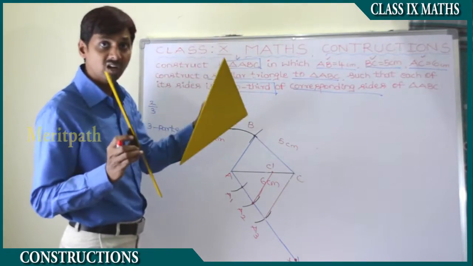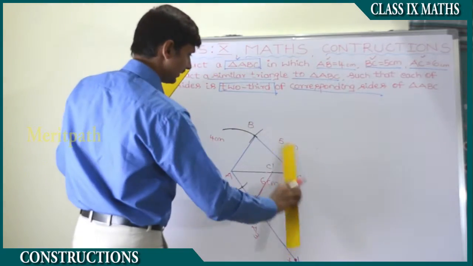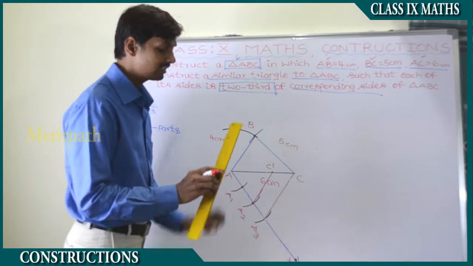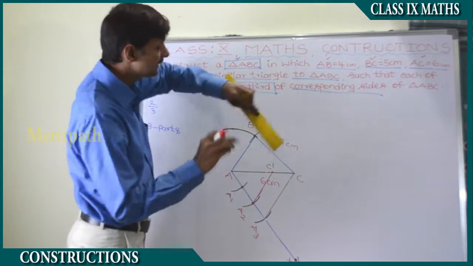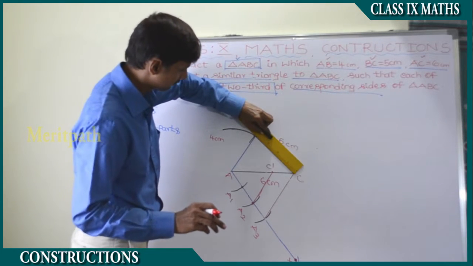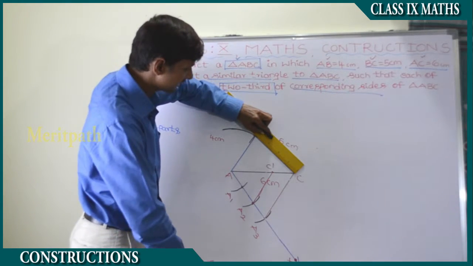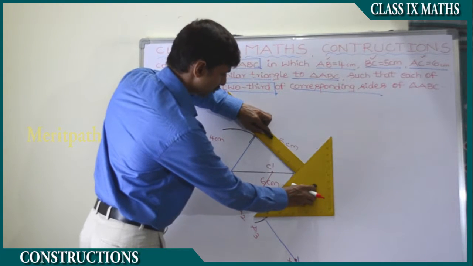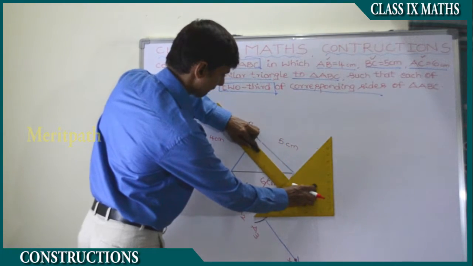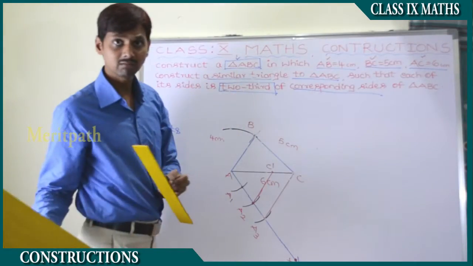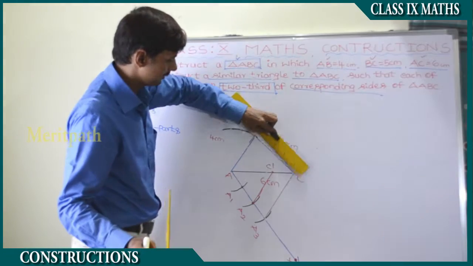Let's place the ruler on BC, take the set square as a base, and move towards C dash. We got C dash here.